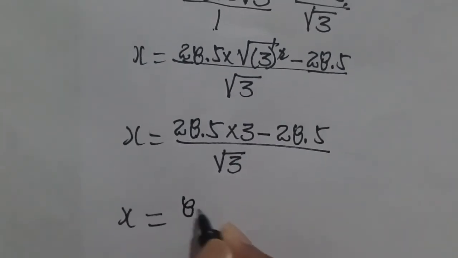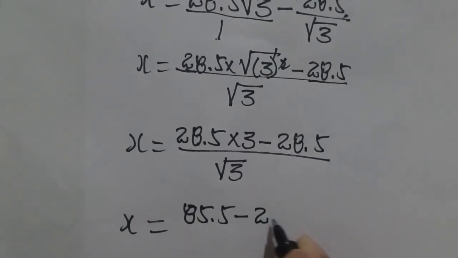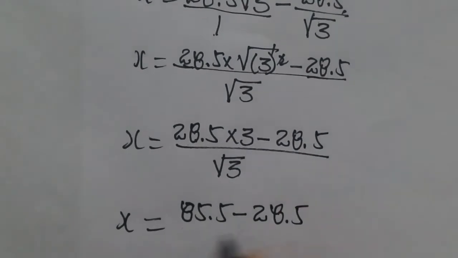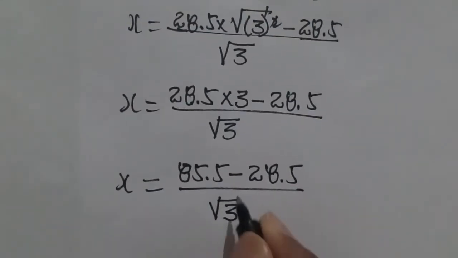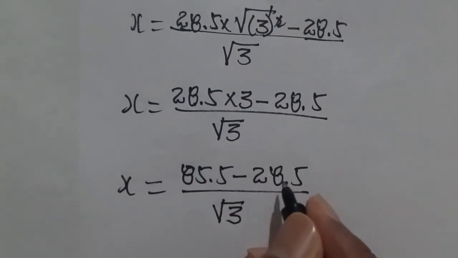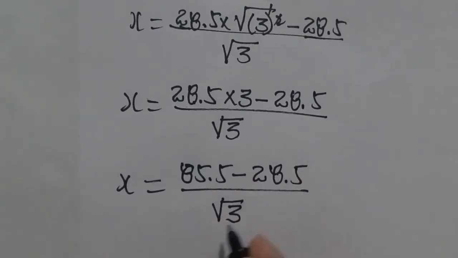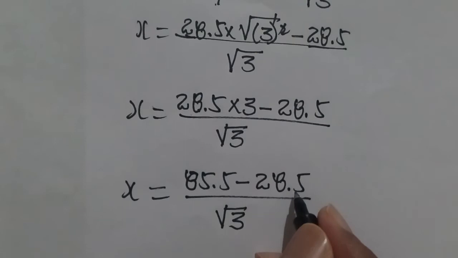Now x is equal to, 28.5 into 3 will multiply means 85.5, minus 28.5 by root 3. Now we should subtract 85.5 minus 28.5.